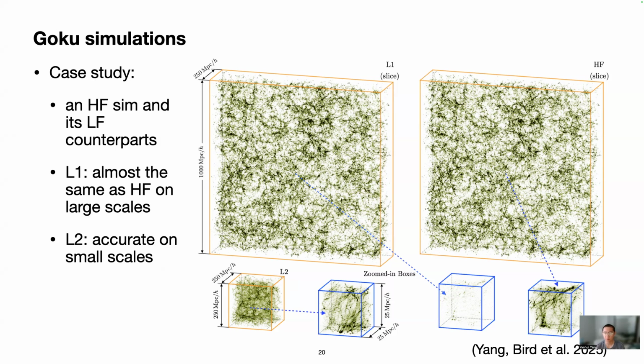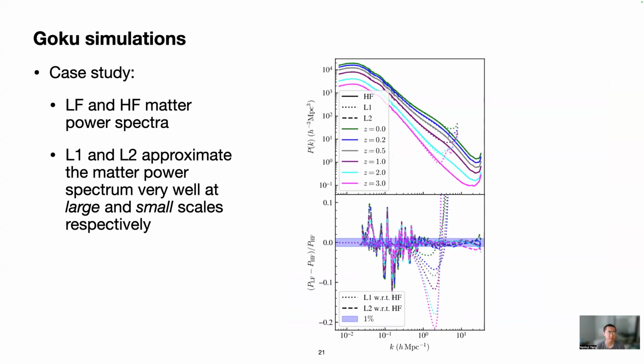In contrast, the L2 simulation is accurate on small scales, while it cannot form larger structures due to its smaller box size. So naturally, L1 and L2 can approximate the matter power spectrum very well on large and small scales respectively.